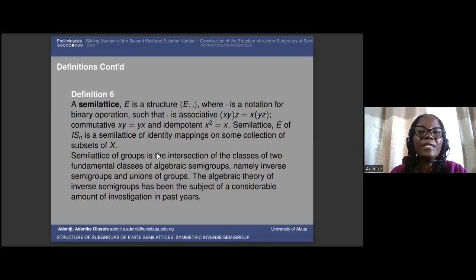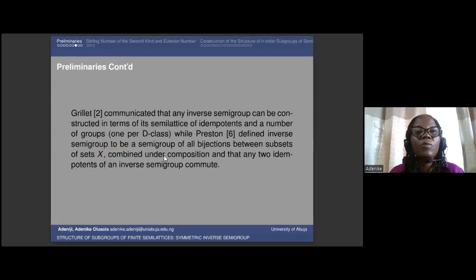And the semilattice of groups is the intersection between two fundamental classes of algebraic semigroups, namely inverse semigroups and unions of groups. The work by Grillet communicated that any inverse semigroup can be constructed in terms of its semilattice of idempotents and a number of groups.